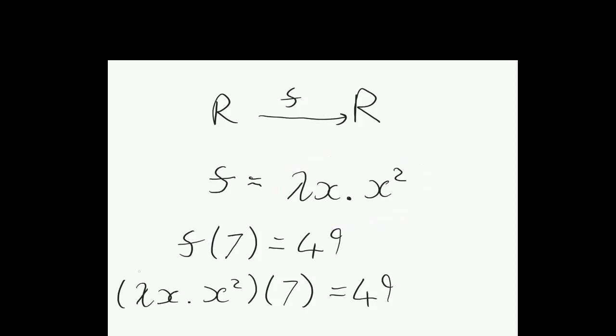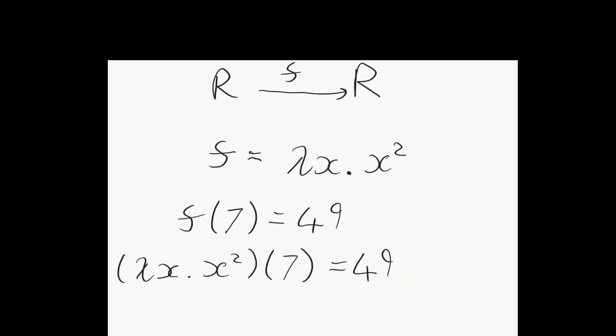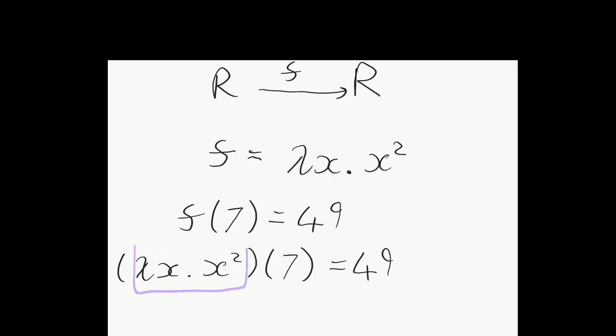But what's really great is that this notation actually tells us exactly why this statement works, because the way that we interpret lambda notation is that when we have lambda, then a variable, then a dot, and then some expression, we can think about this as a sort of operator. And when we put something on the right hand side of it in brackets, that means that we're applying this operation to this input.